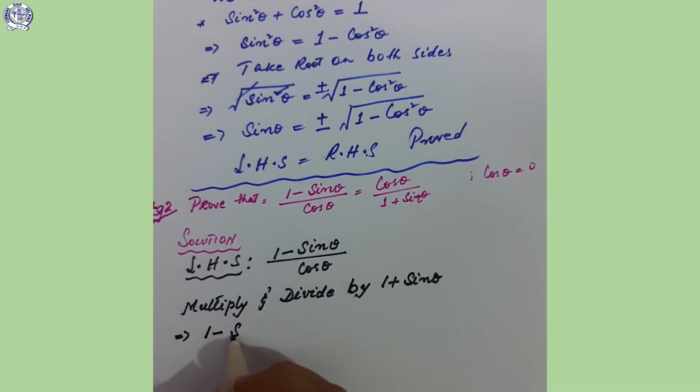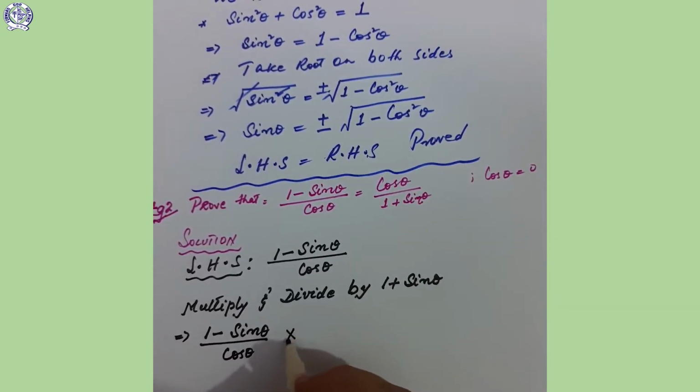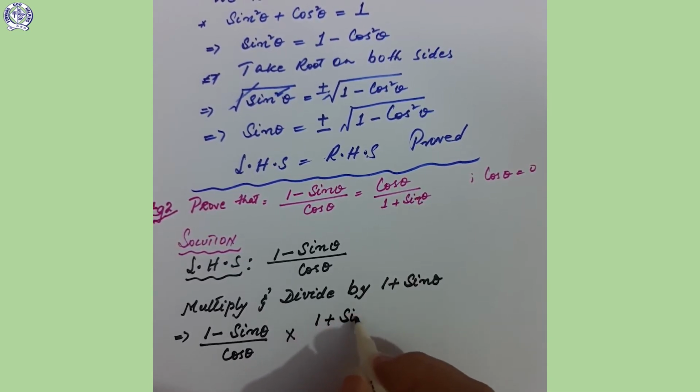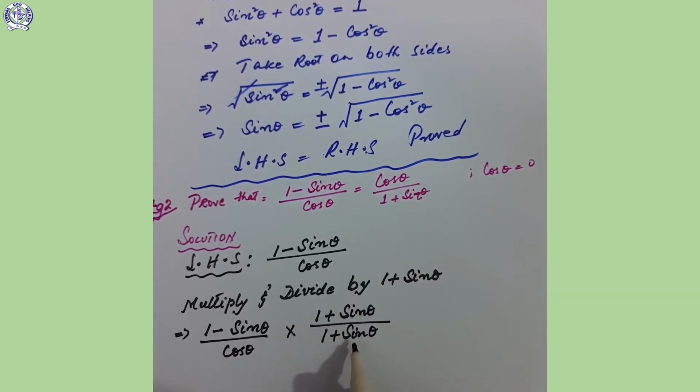So let's multiply and divide. 1 minus sine theta divided by cos theta, multiplied by 1 plus sine theta divided by 1 plus sine theta. Numerator into numerator, denominator into denominator.